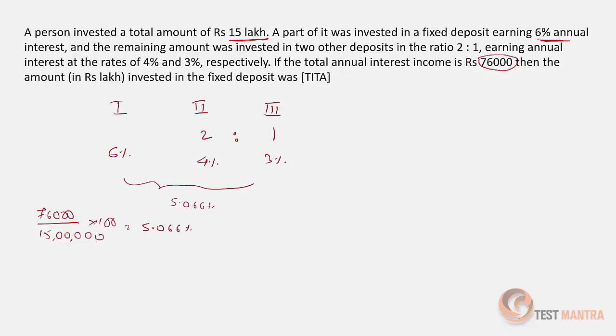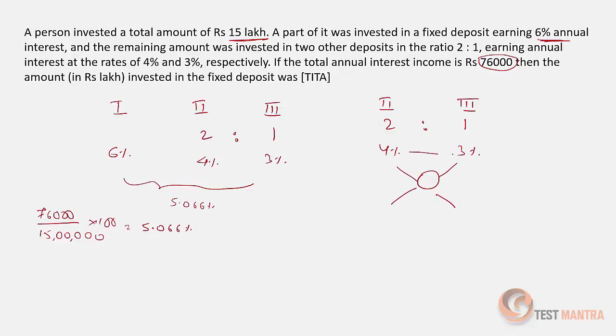So let's start allegations from 2 and 3, as we know that they are in the ratio of 2:1. So here 2 and 3, then the ratio of 2:1 with 4% here and 3% here. I want a figure here in such a format so that this difference should be in the ratio of 2:1.